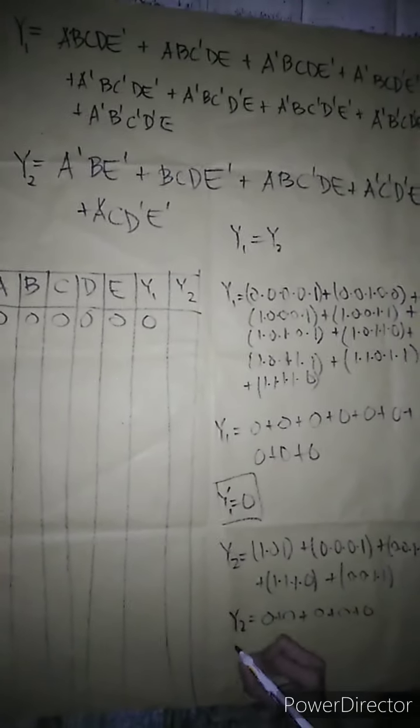Y sub 2 is equal to 0, or 0, or 0, or 0, or 0, which means Y sub 2 is 0.